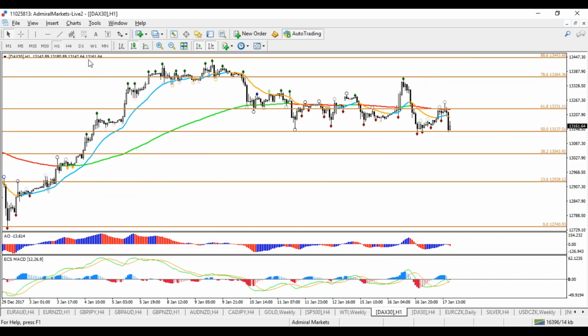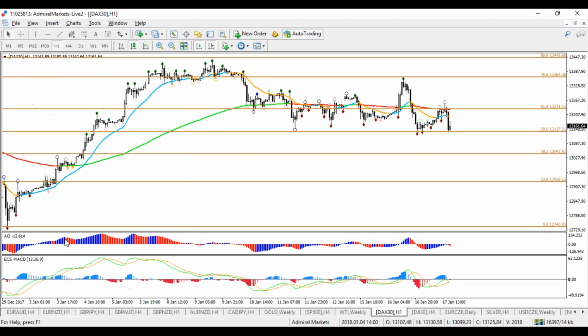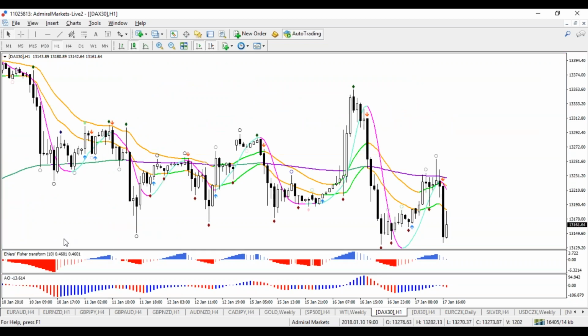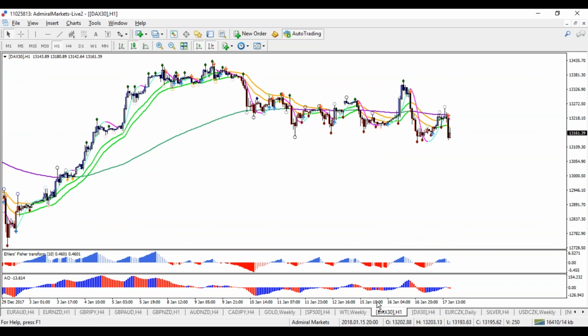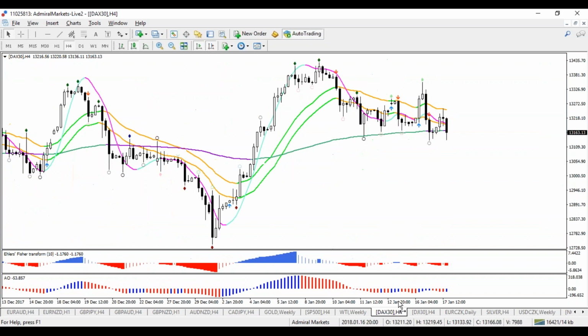A little bit messy, these moving averages. It's a little bit choppy, but I think ultimately leaning towards bearishness.